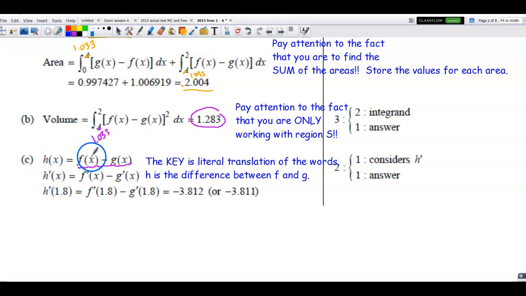The derivative of f of x is f prime of x, and the derivative of g is g prime of x. Notice all three functions were already in terms of x, and then we're going to substitute 1.8, and with our calculator we're going to find the derivative of those two functions at 1.8 and get our answer.